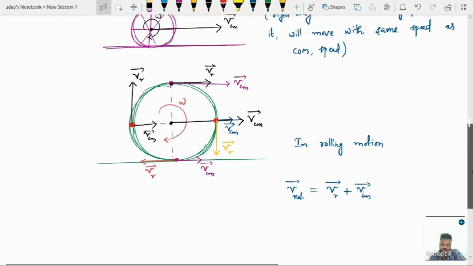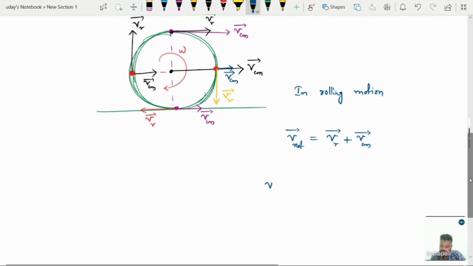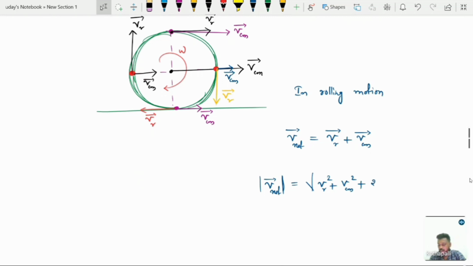That will never change. The magnitude of this net velocity, as we know from the resultant of two vectors formula, is root over VR square plus VCM square plus 2 times VR VCM cos theta, where theta is the angle between the velocity of the center of mass and the velocity due to rotation at that particular point.